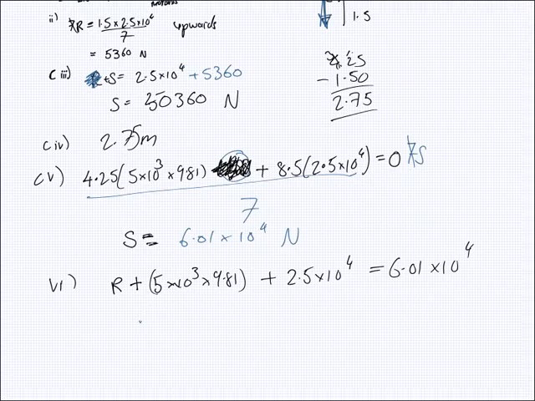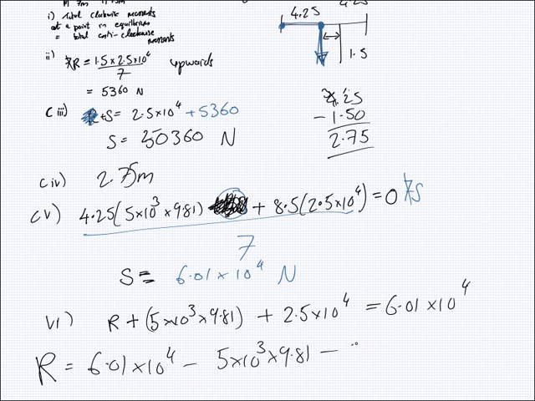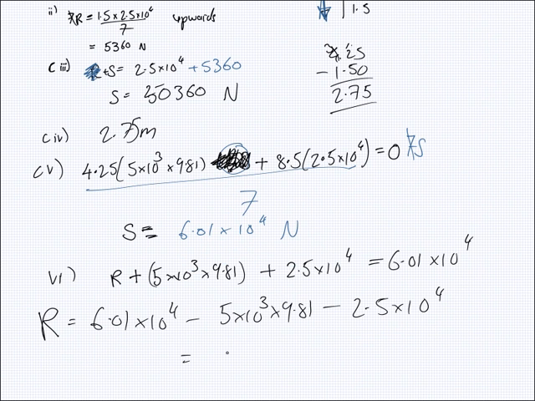We need to make it a force, so R is 6.01 times 10 to the 4 minus 5 times 10 to the 3 times 9.81 minus 2.5 times 10 to the 4. 1.4 times 10 to the power 4.